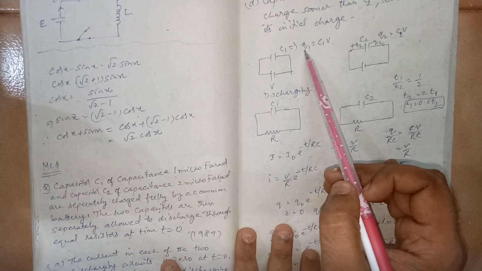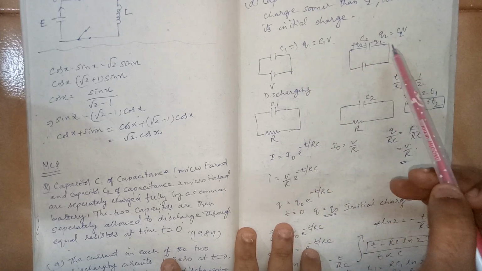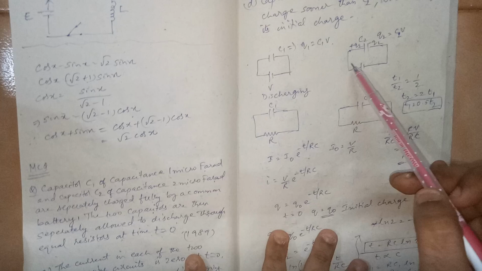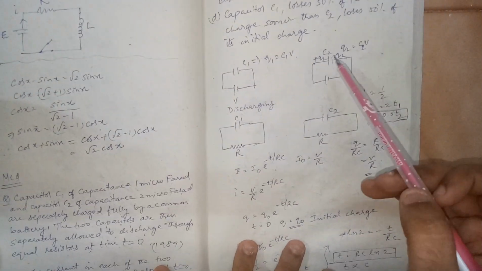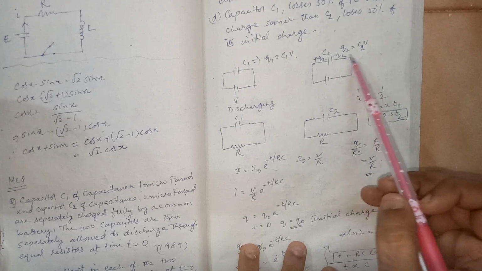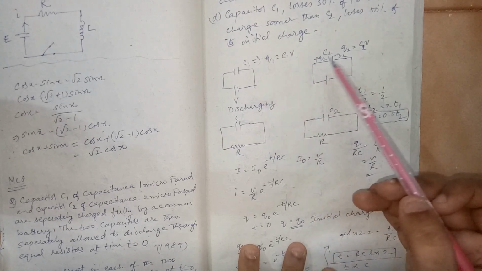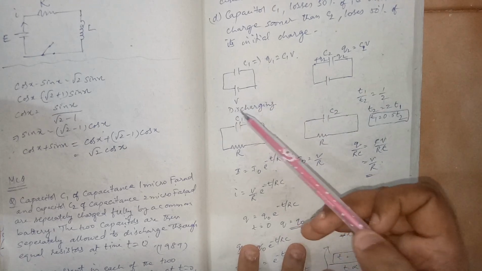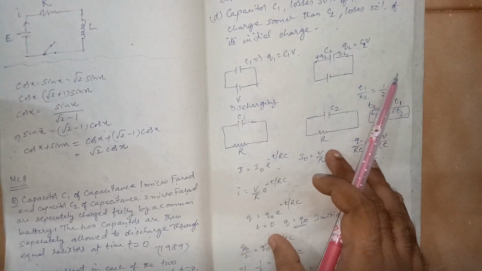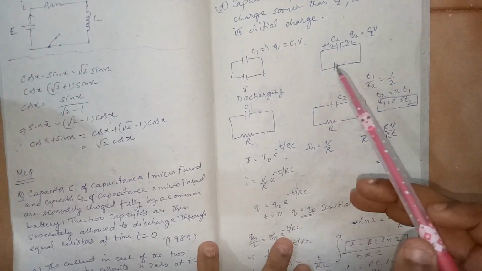That charge Q1 will be equal to C1V. Similarly, if you take another capacitor, the charge deposited Q2 will be equal to C2V, because both have the same voltage.